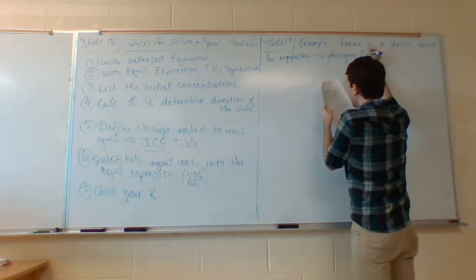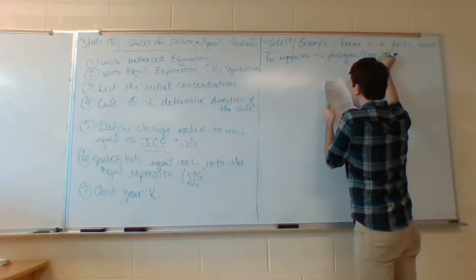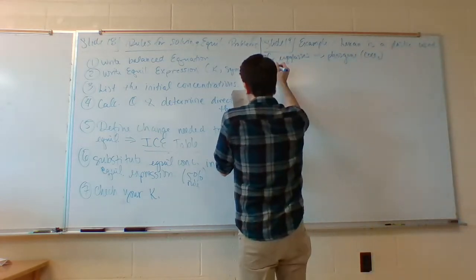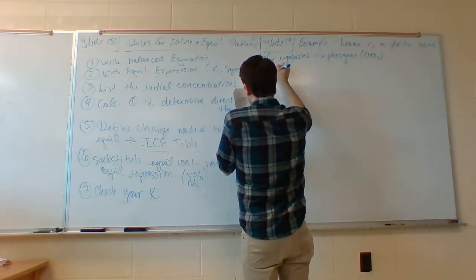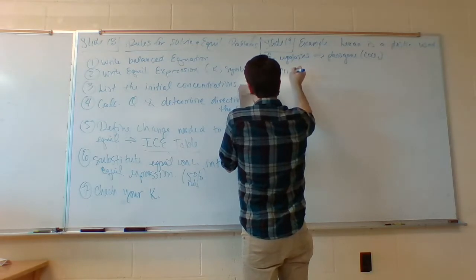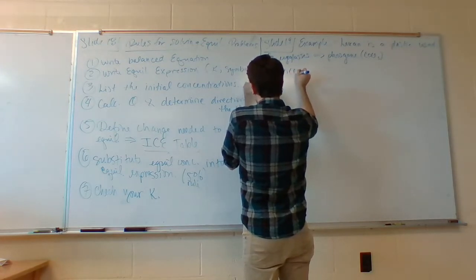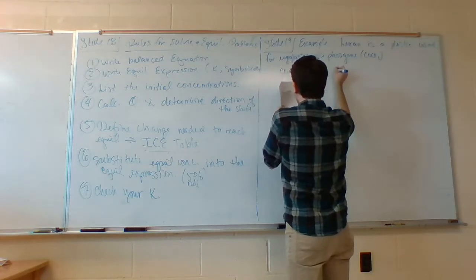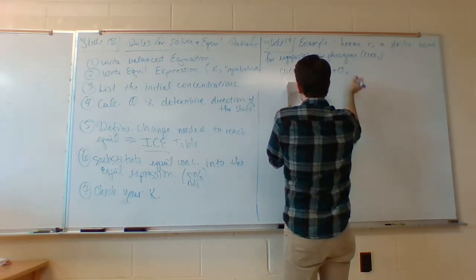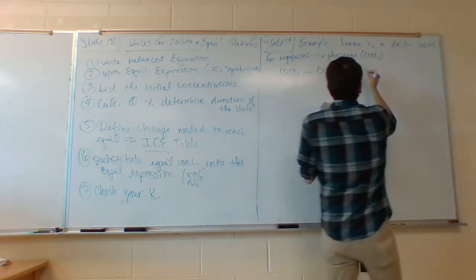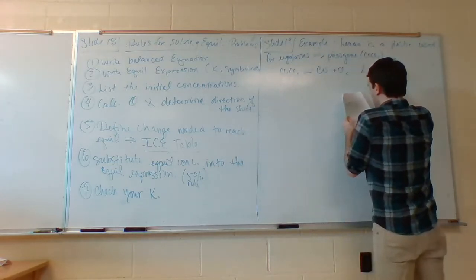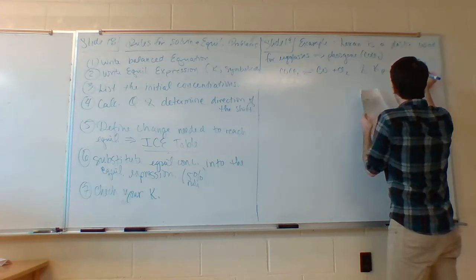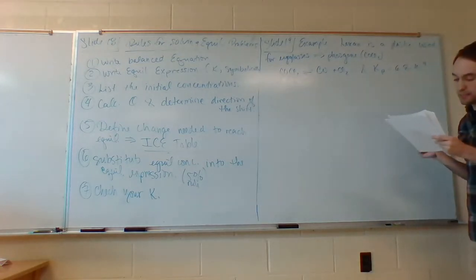Okay, now phosgene is COCl2, and phosgene decomposes by this reaction. So we have COCl2 in equilibrium with CO plus Cl2. Okay? And it has a Kp equal to 6.8 times 10 to the negative 9 at 100 degrees Celsius.